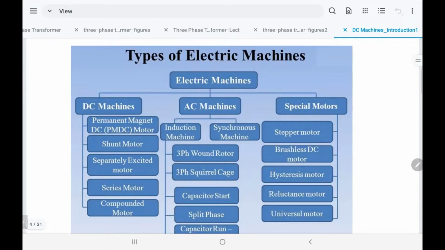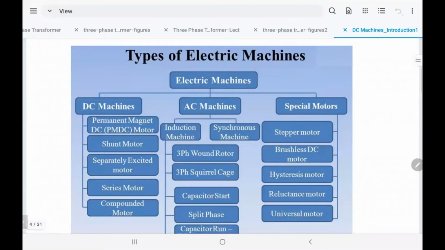It's used recently in EVs, electric vehicles, because of many advantages we're going to talk about. There are also the hysteresis motor, reluctance motor, and universal motor that can work as DC and AC. So these are the types of dynamic electric machines in general.